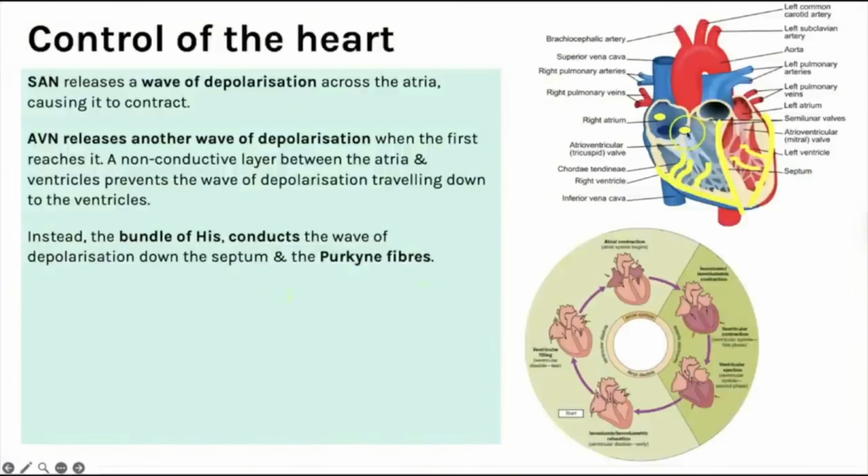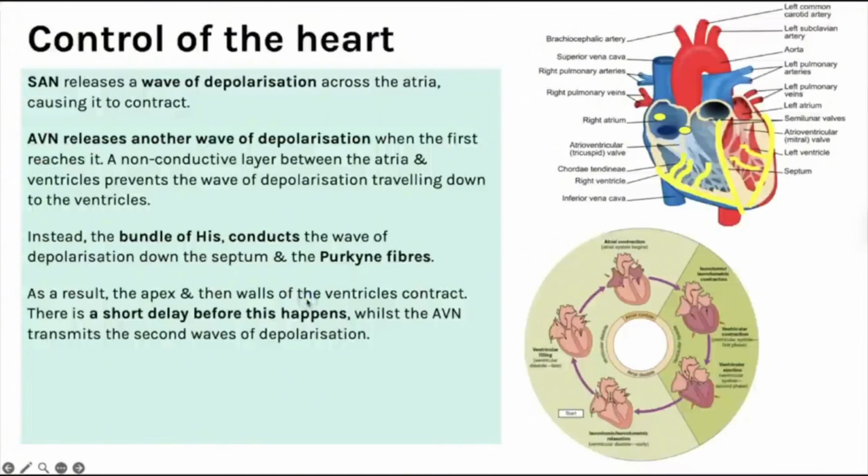That means instead the wave of electricity has to go through the bundle of His and then the Purkinje fibres. As a result, the ventricles actually contract at the apex, which is this very tip here, and then the walls of the ventricles contract after a short delay.